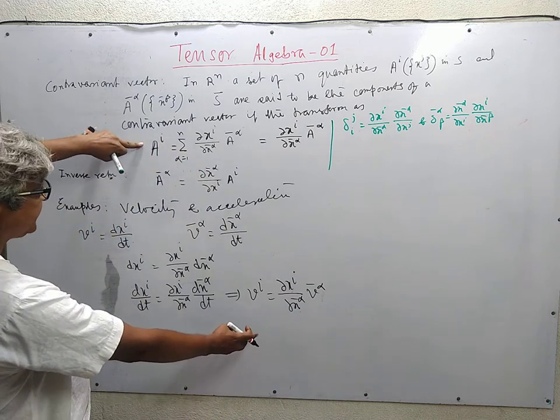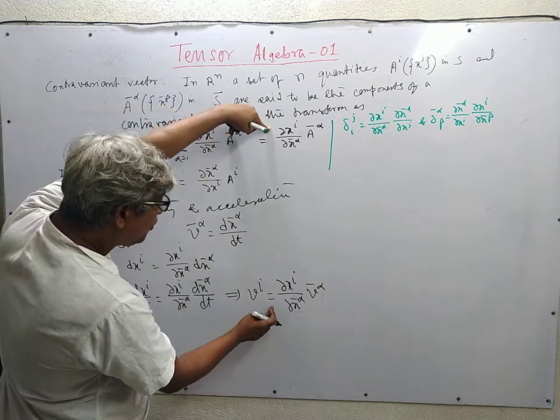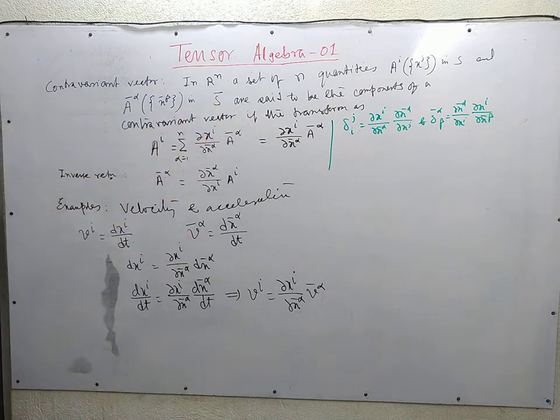Match this definition like this one. So velocities, the components of velocities, are the components of a contravariant vector.